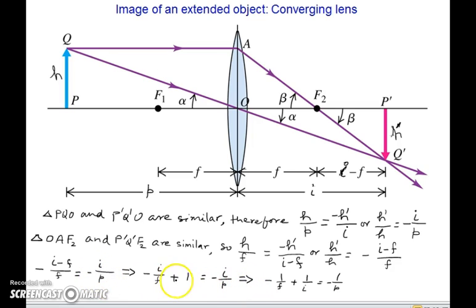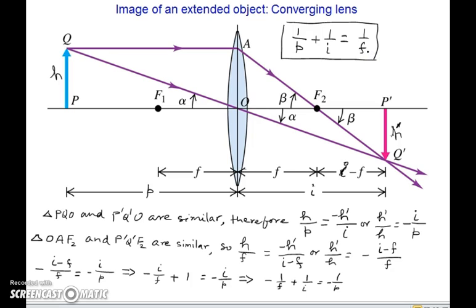So this implies, again, I'm dividing both sides by I, the image distance. Then this becomes negative 1 over F plus 1 over I is equal to negative 1 over P. If I rearrange this, it comes out to 1 over P plus 1 over I equal to 1 over F. If you look at this equation, this is not the first time we are seeing it.